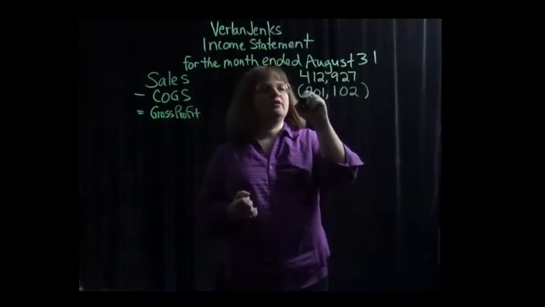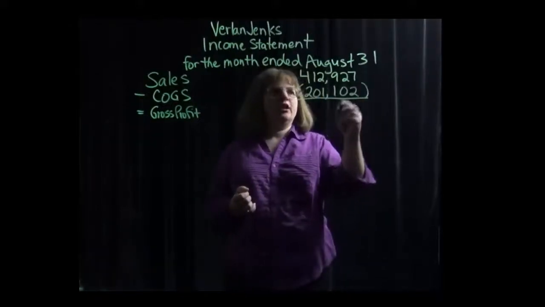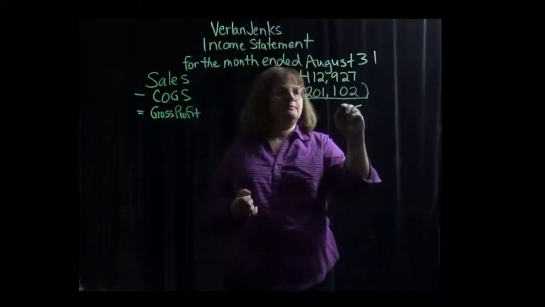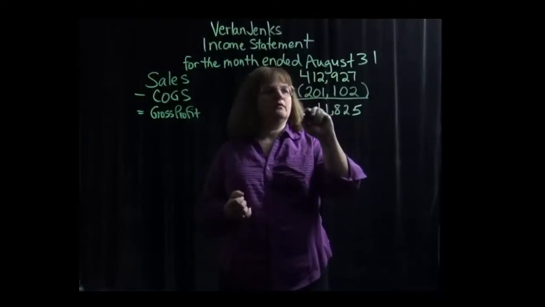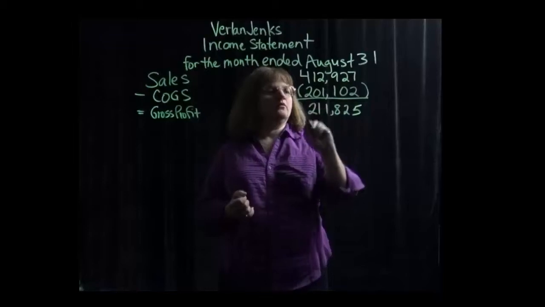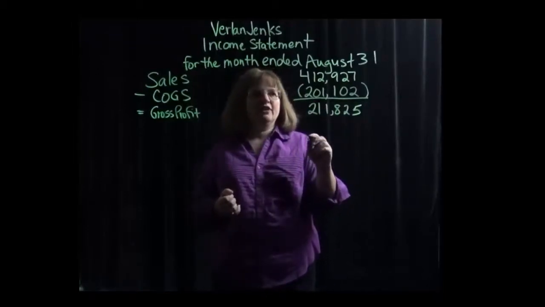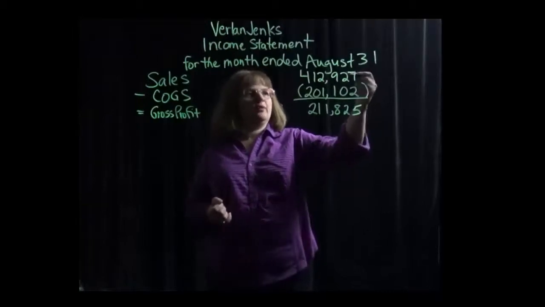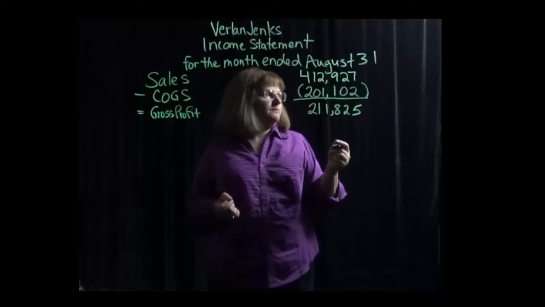And we're going to put that in parentheses to show the fact that we are subtracting that number from that number. So then when we do the subtraction, we end up with a gross profit of $211,825. And you can see $211,000 compared to $412,000, it's a little bit more than 50%, which is pretty good.